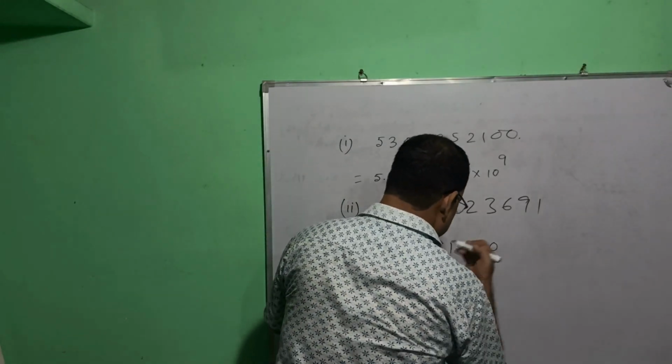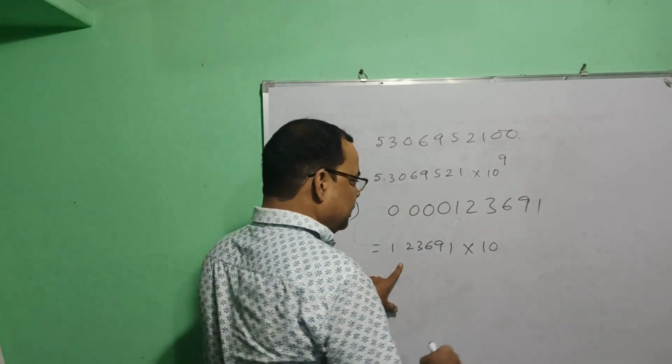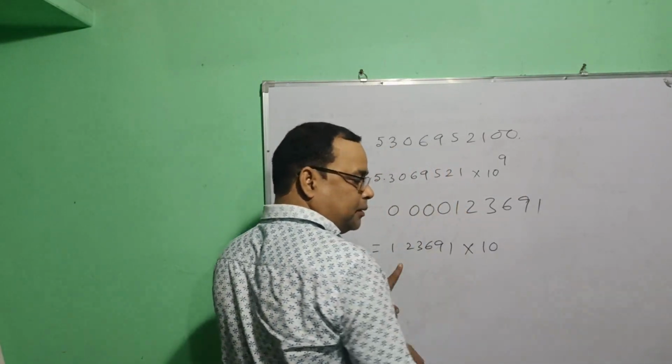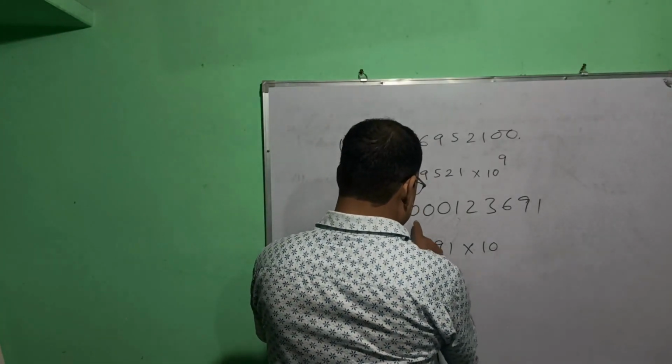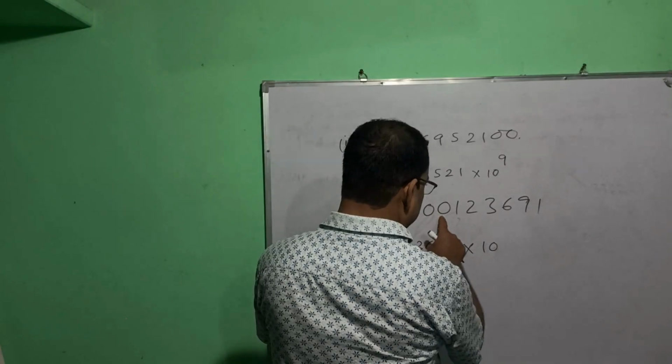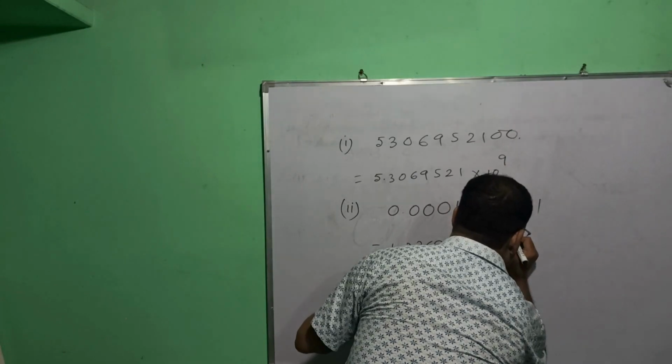Now what will the power be? As we shifted the decimal towards the right side, the exponent will be minus. By how much? As we shifted 1, 2, 3, 4 decimal places, it will be minus 4.